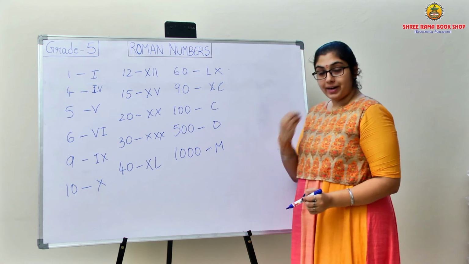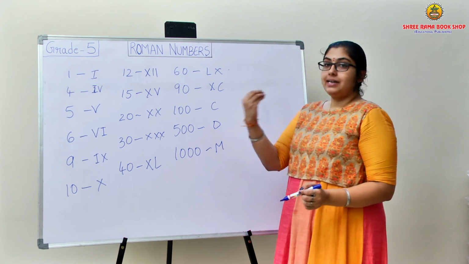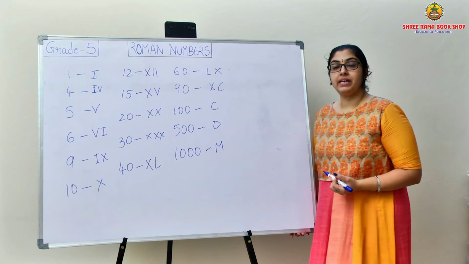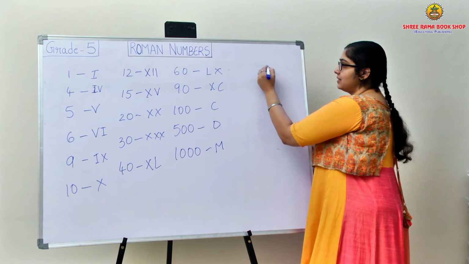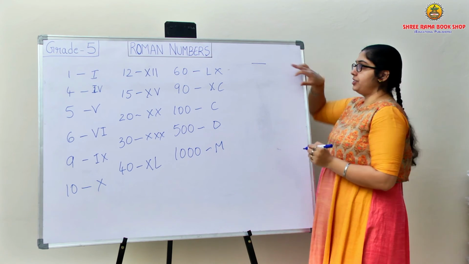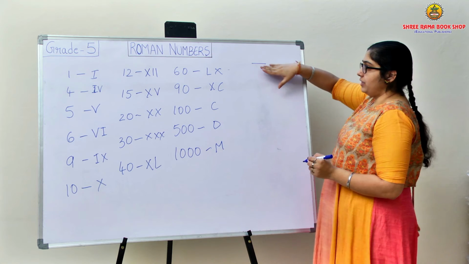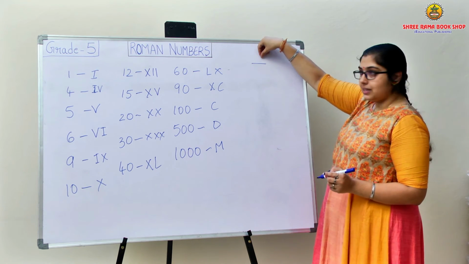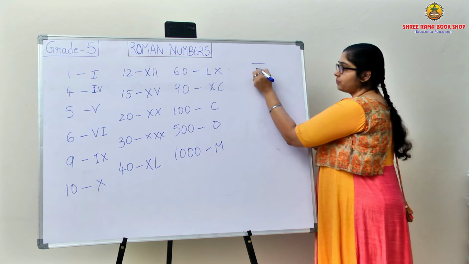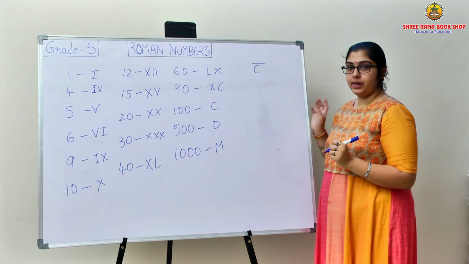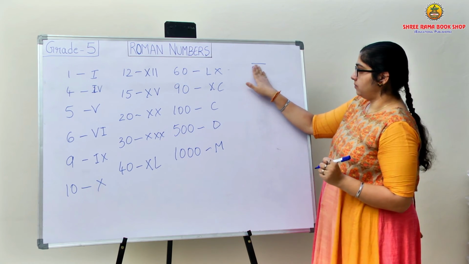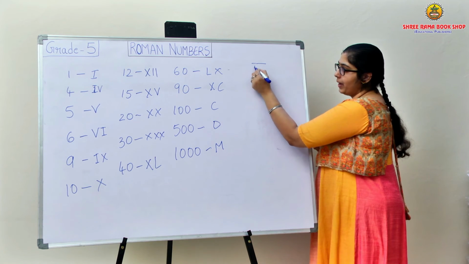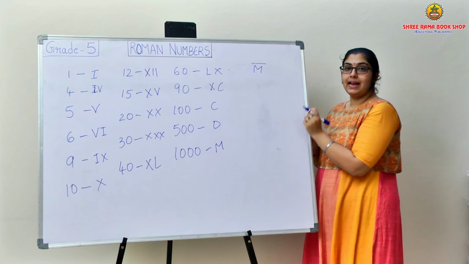So if I want to write a symbol for 10,000, what will I do? We have learned in the previous part that there is a symbol called bar which represents 1000. So whichever symbol has a bar, you need to multiply the symbol value with 1000. So if I take the value M with a bar, what will happen?